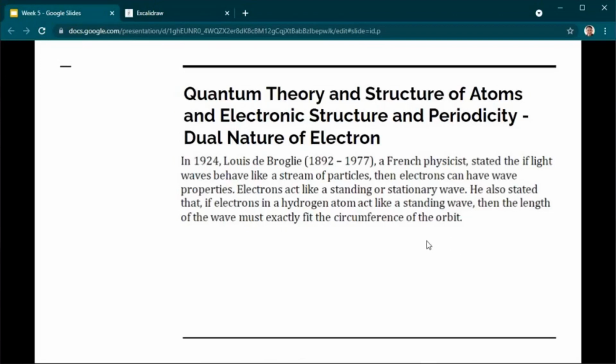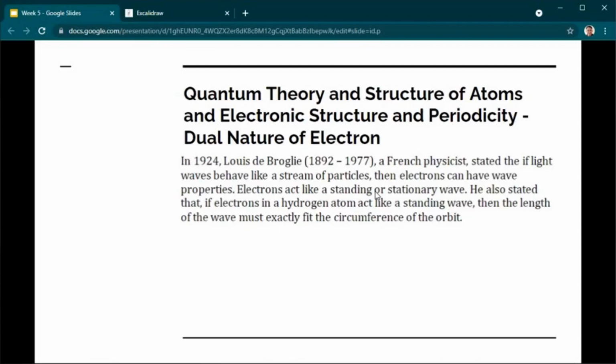What de Broglie is saying here is that since, according to Einstein's photoelectric effect, an electron can be affected by light, which is wave-like, therefore electrons should also have wave-like properties.